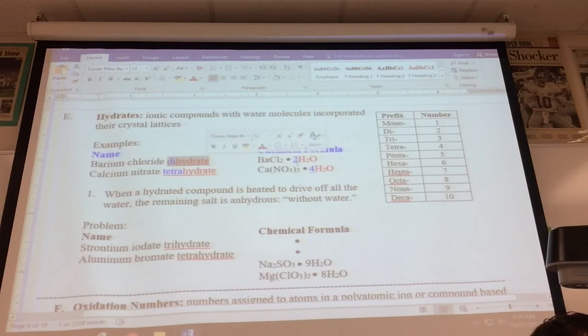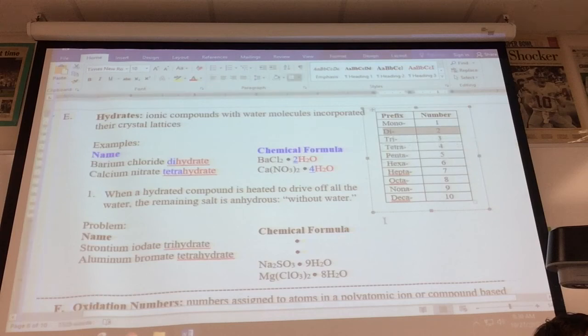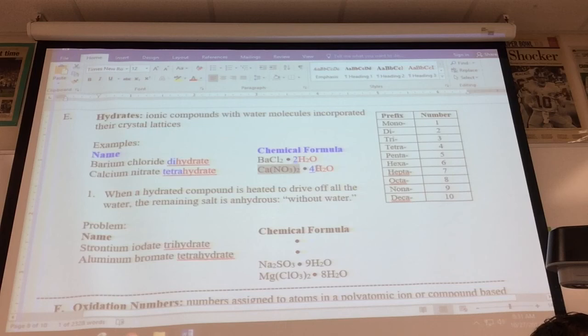Di is a prefix that means two, and these prefixes are provided to you on the back of your periodic table. You replace hydrate with water. Calcium nitrate tetrahydrate, correctly formula written, and you replace hydrate with water. Tetra, prefix that means four, like tetraploidy, you may or may not remember from genetics.